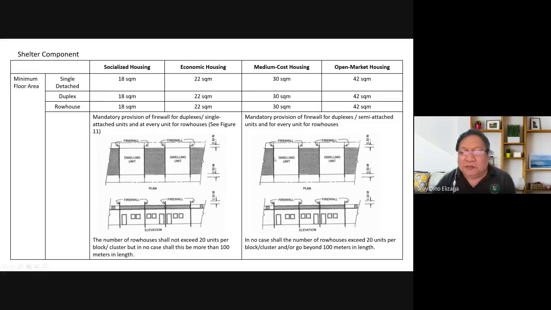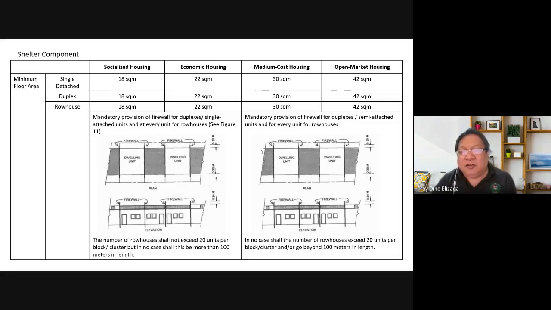Okay, so the firewall is something that you should also know. I think the National Building Code is discussed in professional practice, if I'm not wrong, but just in case. Whenever the house or part of the house goes beyond the setback or encroaches the setback, it's better to just go all the way to the property line and put up a firewall.